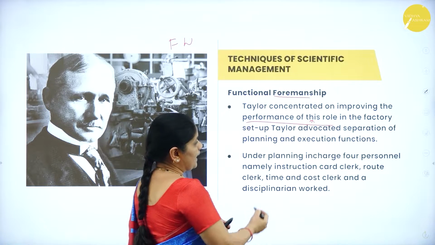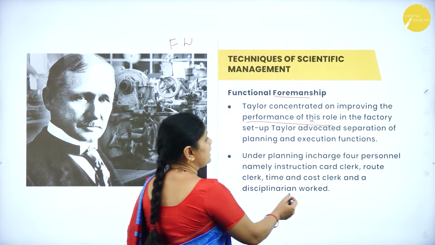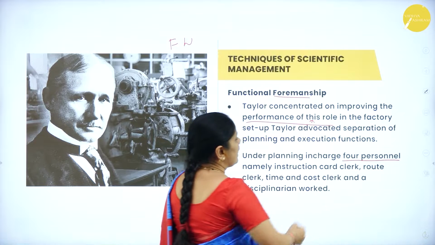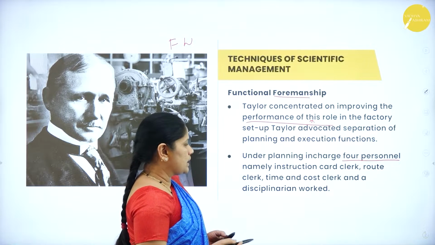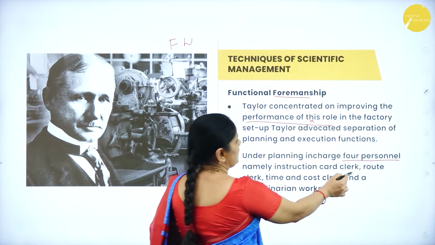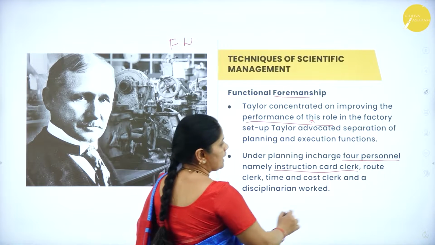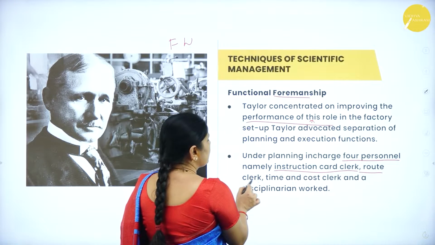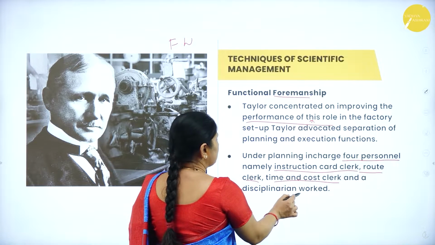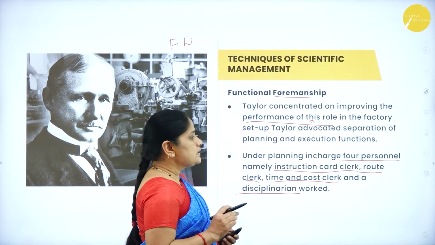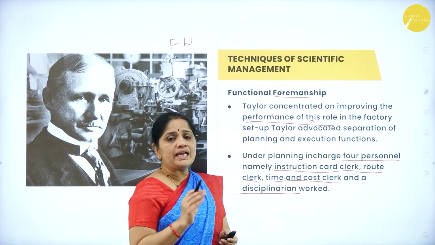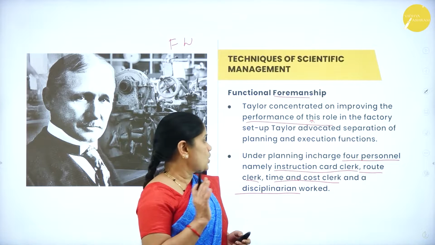Under the planning in charge, he said we need 4 personnel: the instruction card clerk, route clerk, time and cost clerk, and the disciplinarian. These 4 persons will be in charge of planning on the shop floor.